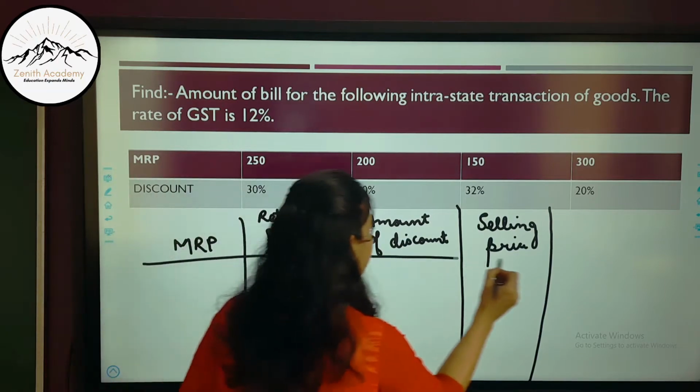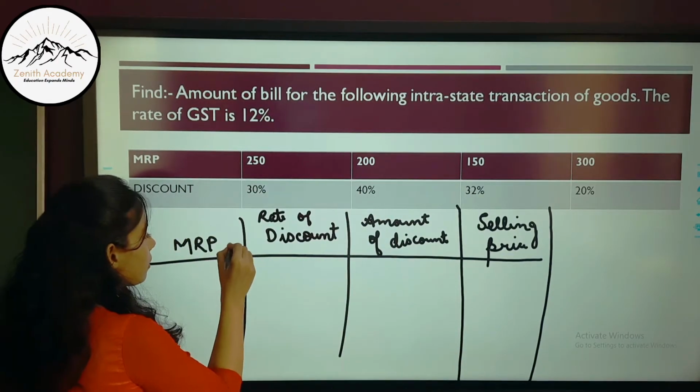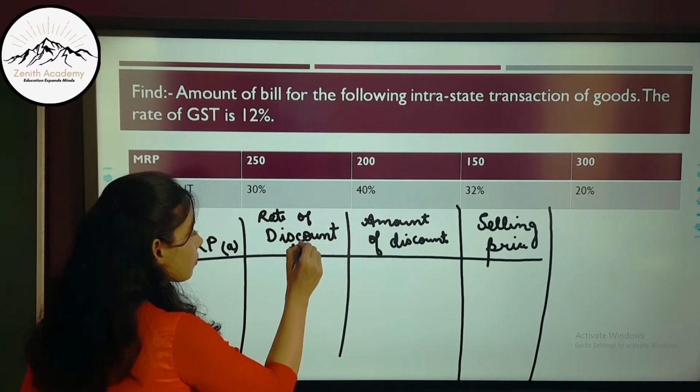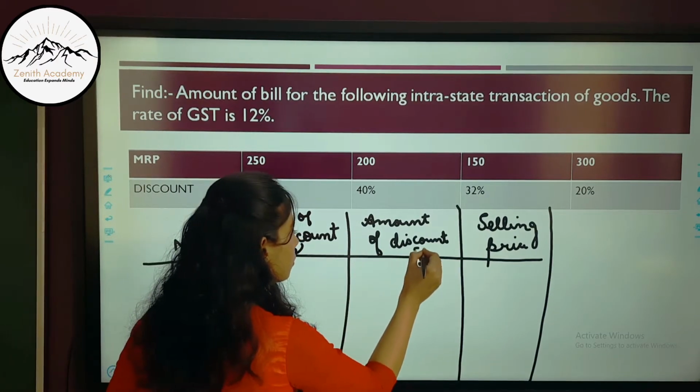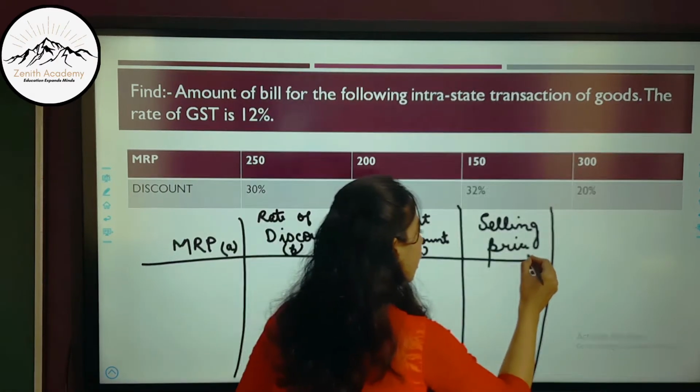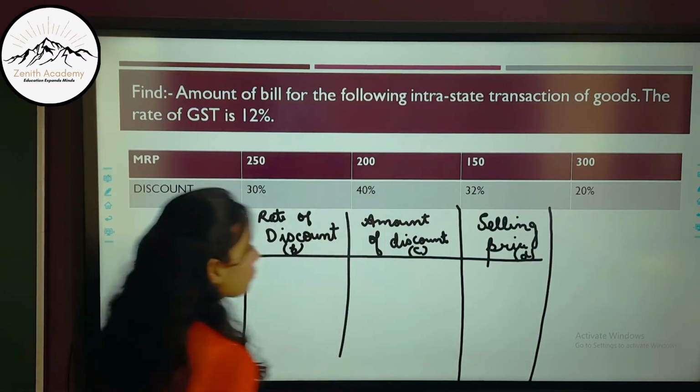So let's say this column is A, this is B, this column is C, and selling price column is D.